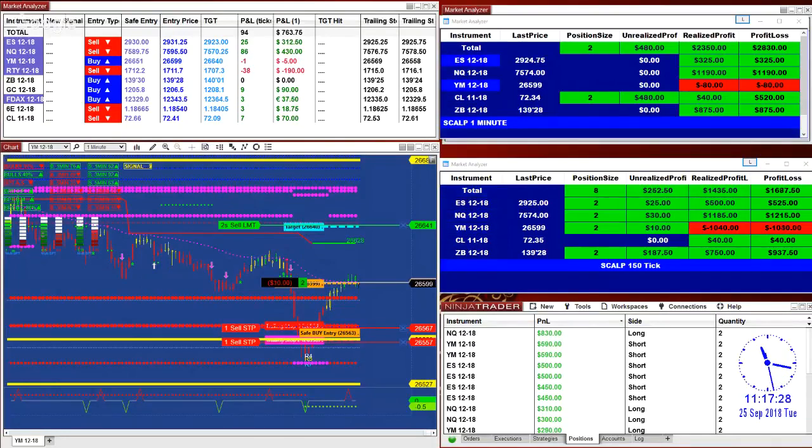The Nasdaq is a very genuine entry. Sorry, the YM 66 level is very good. And now we're about to have a new signal on the Nasdaq. Keep your eye on it, please.